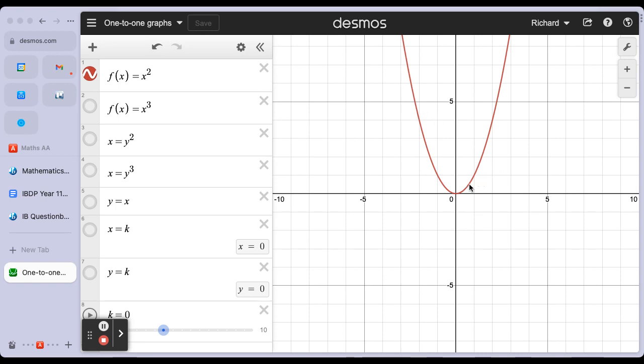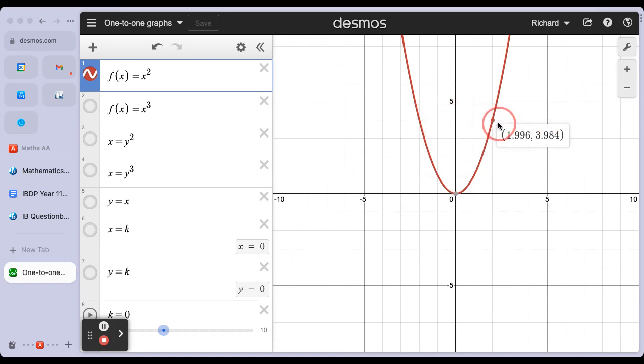So, for example, the output of 4 is found on this graph when I input 2. This is f of x equals x squared. But the output of 4 is also found when I input negative 2. So for two different x values, there is the same output value.